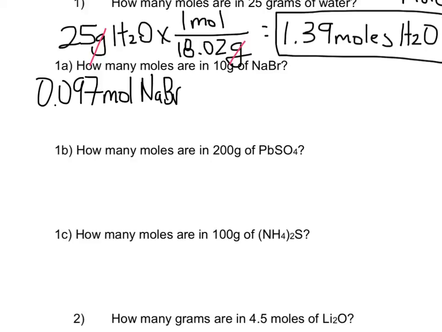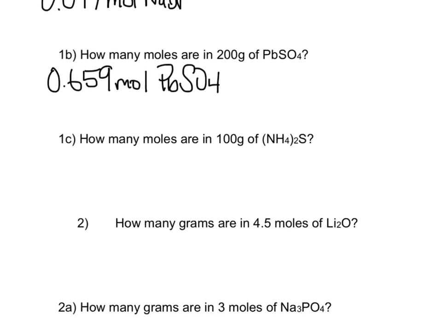For 1B, I got 0.659 moles of PbSO4, that's lead sulfate.